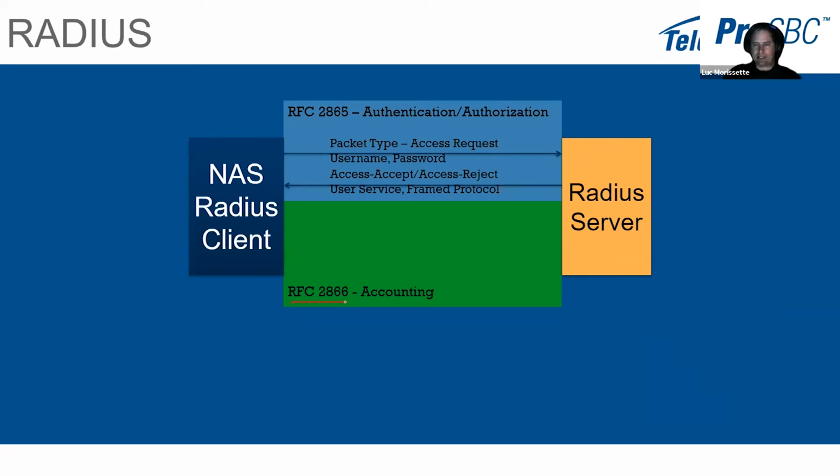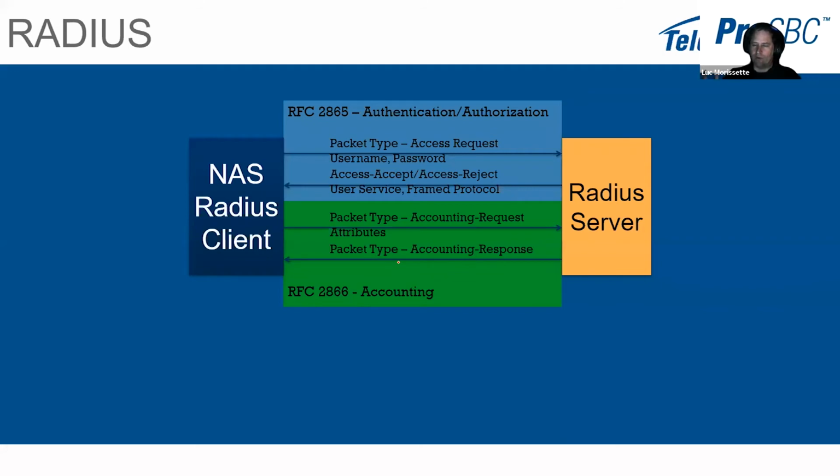For accounting, it's another RFC called 2866, and then we send an accounting request instead of an access request. And we put some attributes there, and the attributes in an accounting request will be the call detail record information. Then you get the accounting response from the radius server, which is basically only an acknowledgment of the accounting request.